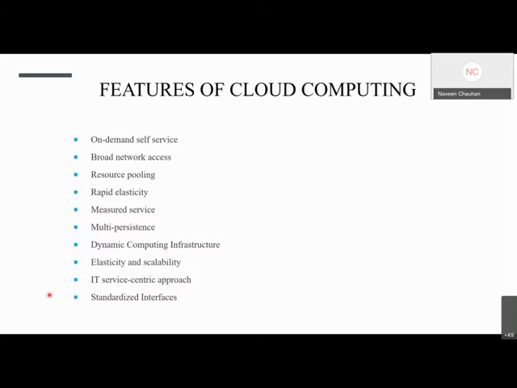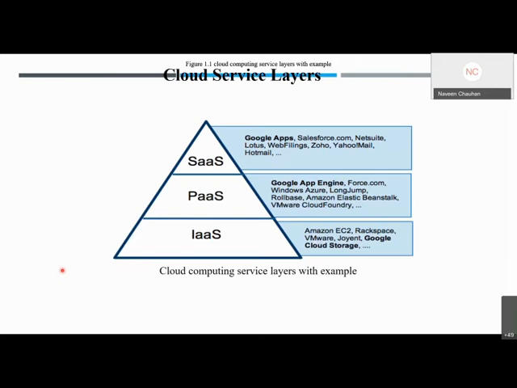So these are some of the features of cloud computing. This is a summary of the features of cloud computing, whether you talk in terms of benefits or characteristics. These are some overlapping things.